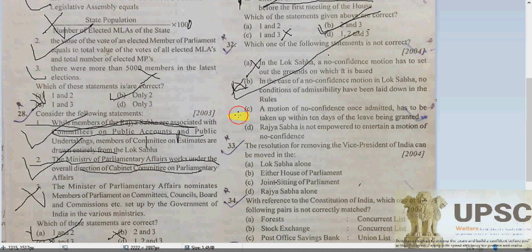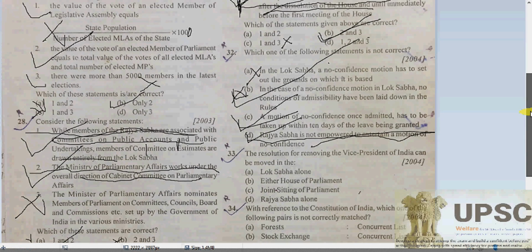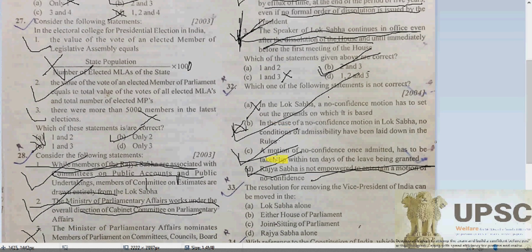Now third, a no confidence motion once admitted has to be taken up within 10 days of leave being granted. Definitely it's absolutely correct. And the Rajya Sabha does not have the power to entertain the motion; definitely a no confidence motion cannot be taken up in the Rajya Sabha, as we know. So it's absolutely correct. So you have only one choice: A is going to be incorrect here. Why is it?